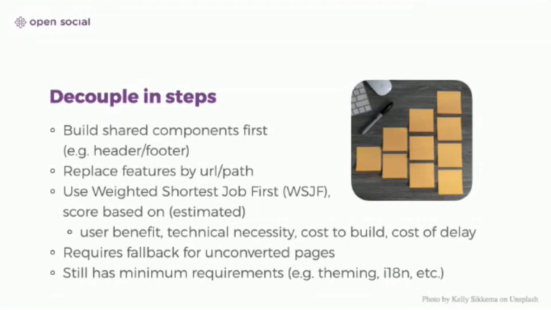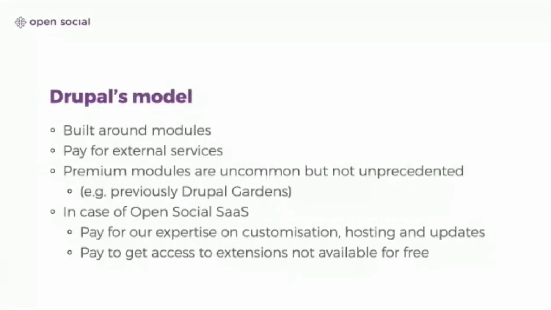Premium modules are uncommon, but they're not unprecedented. I don't know if anyone remembers Drupal Gardens, but they had some modules that you could only use on their site. In the case of Open Social SaaS, you pay for our expertise in customization, in hosting and updates, and you pay to get access to some of the extensions that are not available for open source.